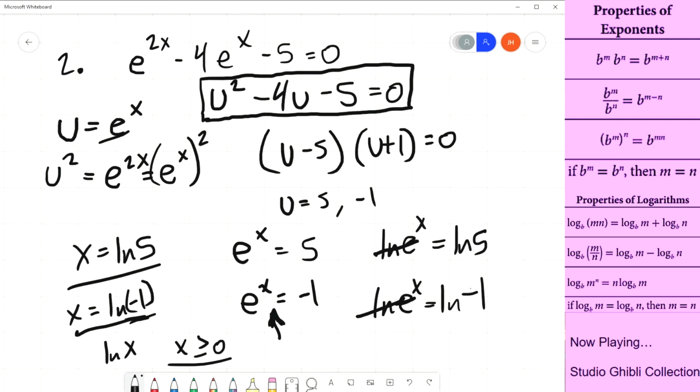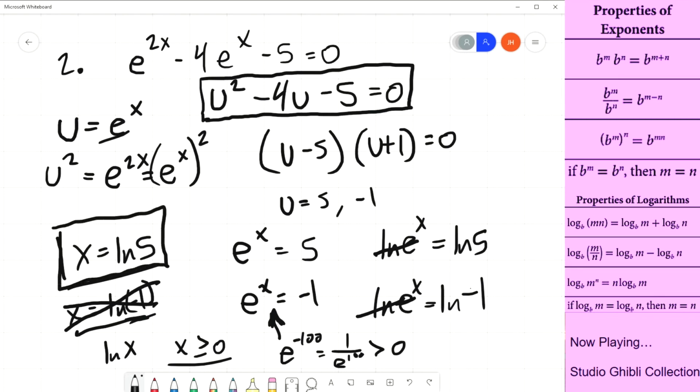If x is negative 100, e to the negative 100 would just be 1 over e to the 100, which is a small number, but it's still bigger than 0. So essentially, this solution here is not legit, but the solution that x equals natural log of 5 is.